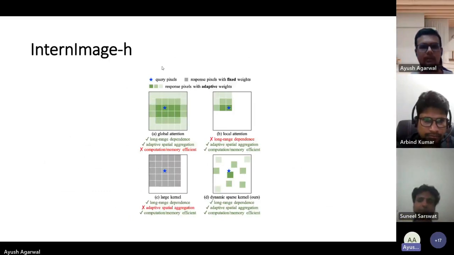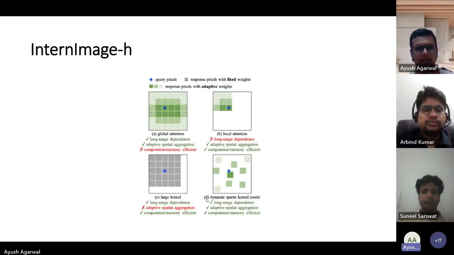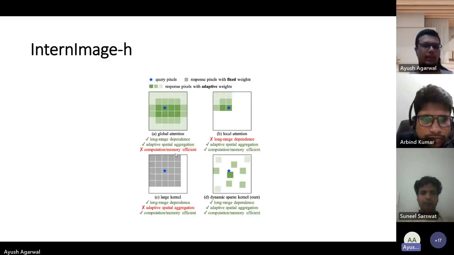We won't go into very much detail over here, but the essence is that global attention is not very computationally efficient because it goes throughout the matrix to calculate the weights. Then there can be local attention. Again, this does not have long range dependence: if it wants to calculate something over here, it is restricted from doing that.